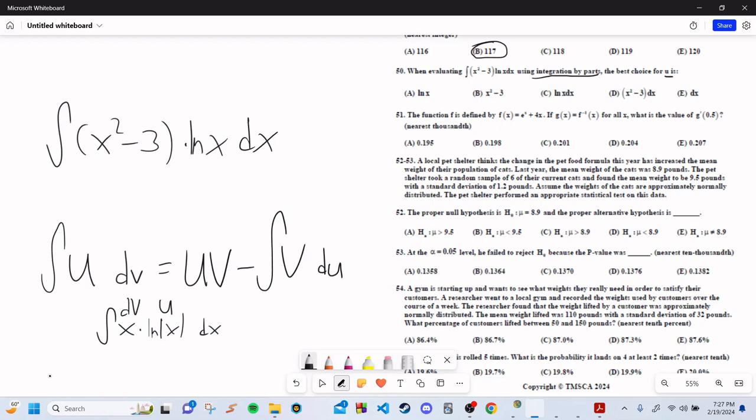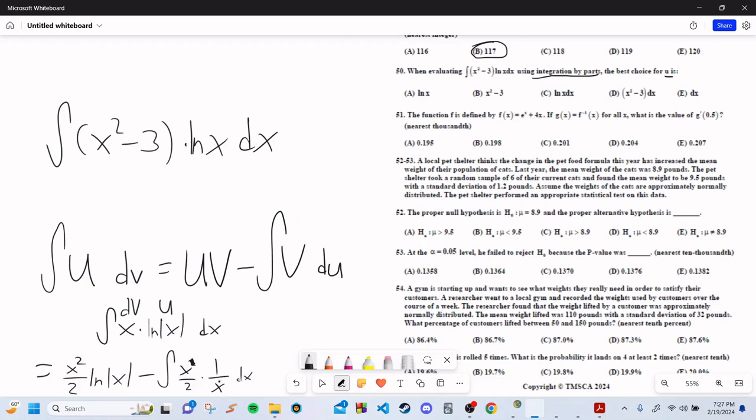And so this integral should be equal to u times v, where v, if I integrate dv, is x squared over 2, times u, so times ln of x, minus the integral of v, which is x squared over 2, times du, which is the derivative of u, 1 over x, of course dx.